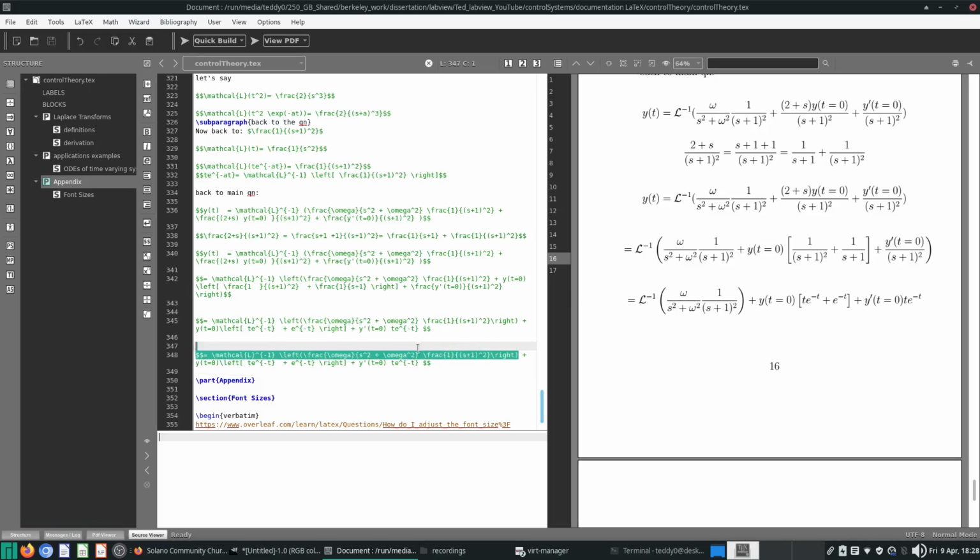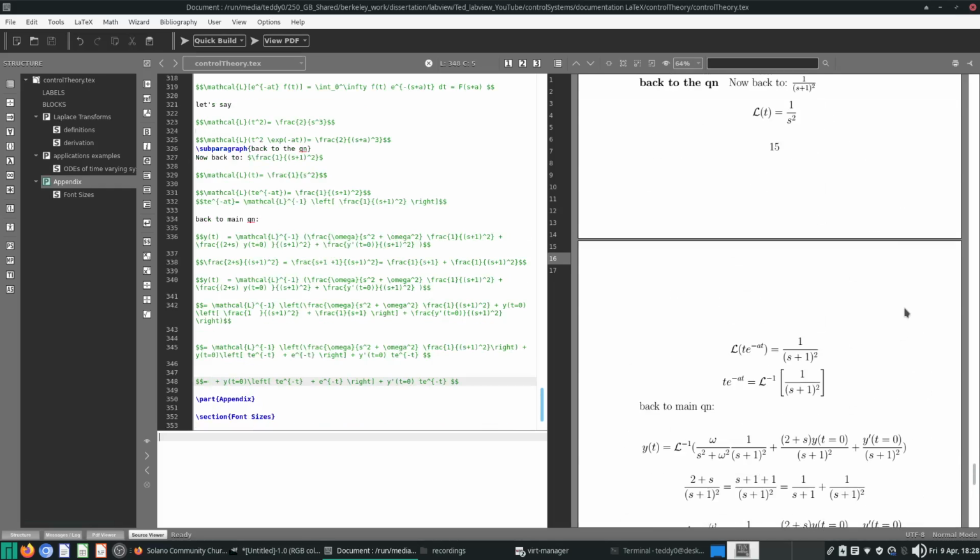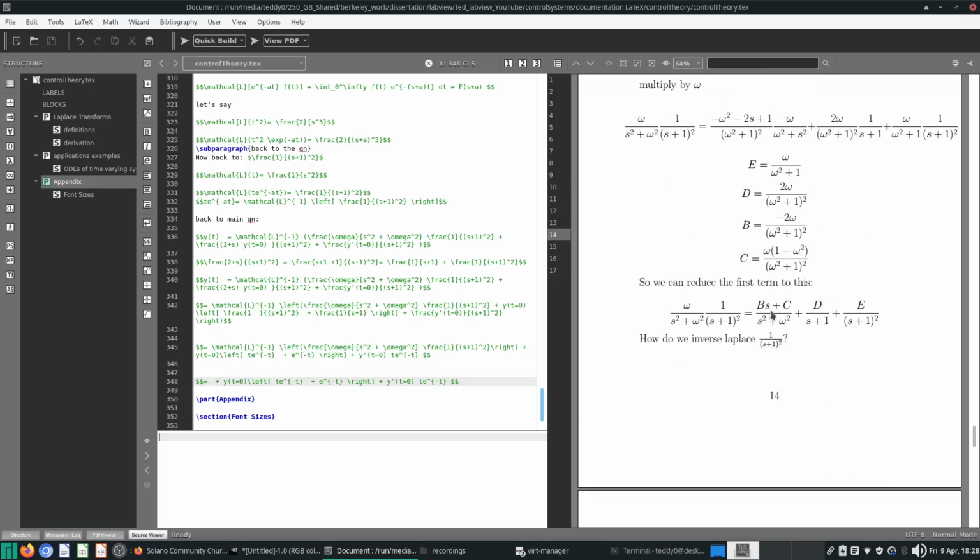I'm just going to do the inverse Laplace of the first term. So what's the first term? Inverse Laplace, the math cal L times whatever's in the bracket.